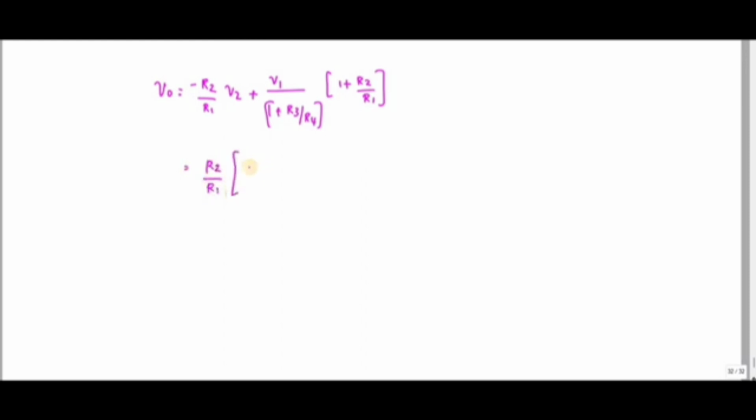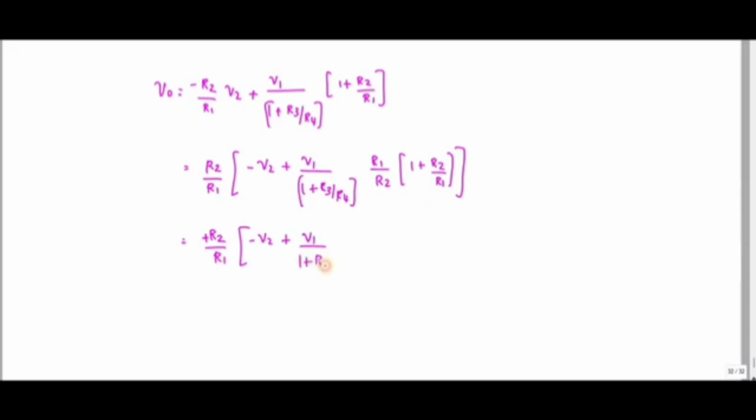If I take R2 by R1 common, I will get minus V2 plus V1 by 1 plus R3 by R4 into R1 by R2 into 1 plus R2 by R1. So R1 by R2 is equal to R3 by R4.